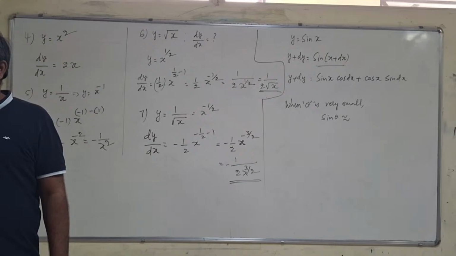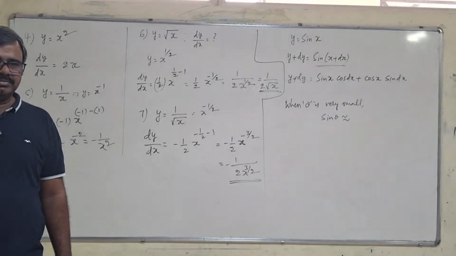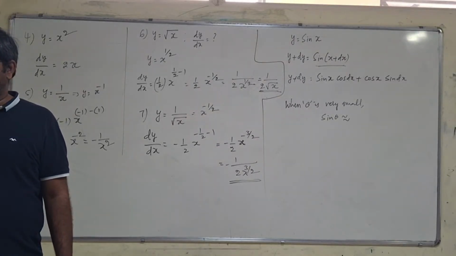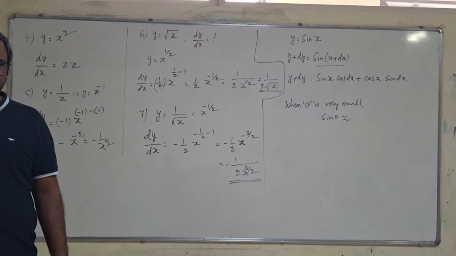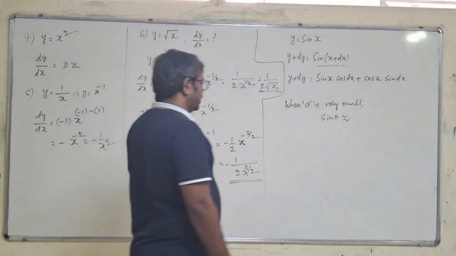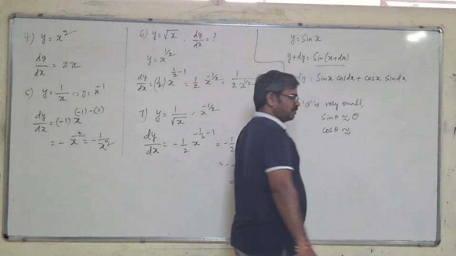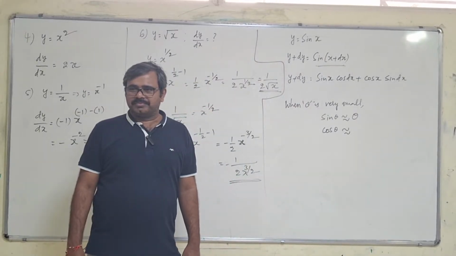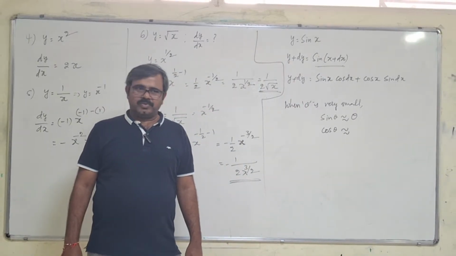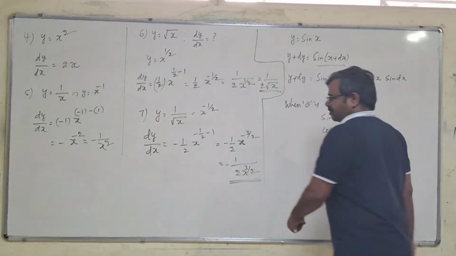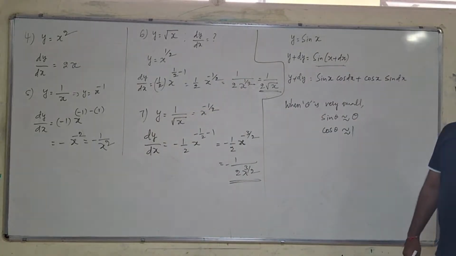When theta is very small, when theta is close to 0, for small values of theta, sin theta is approximately equal to theta and cos theta is approximately equal to 1, correct.